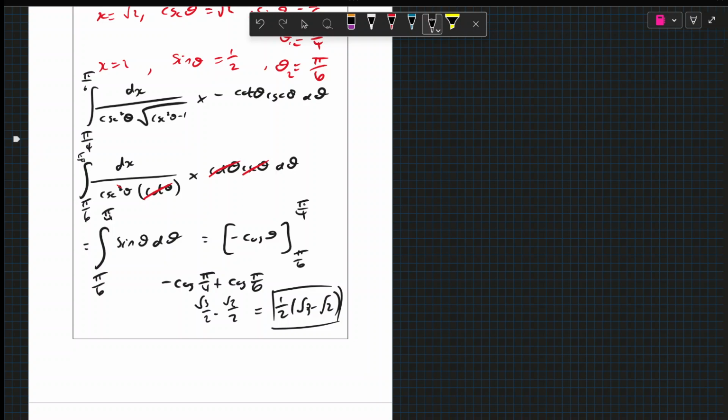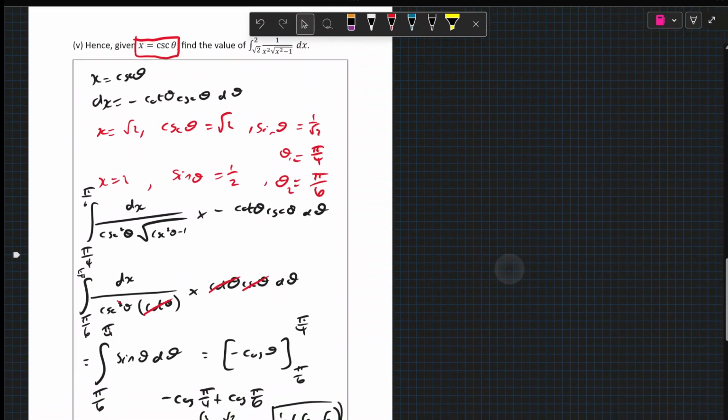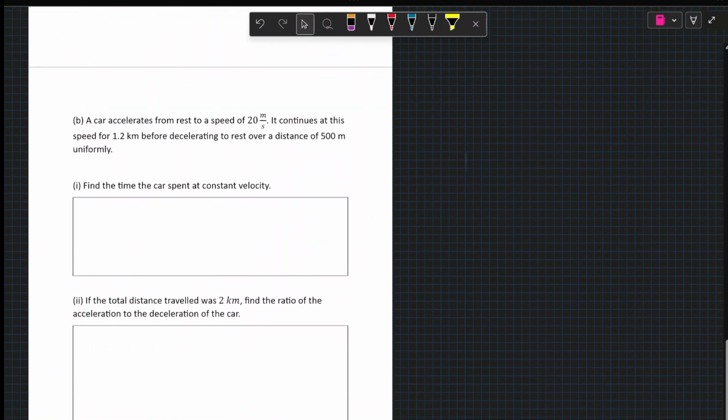Yeah, 1/2 of root 3 minus root 2. Perfect. So that question is done. It's a lot of work, but if you know your trig, then you should be okay.